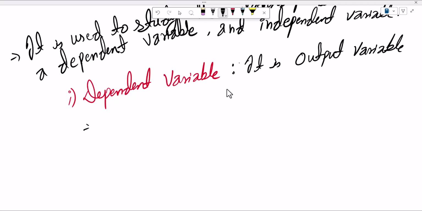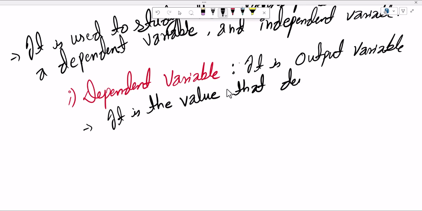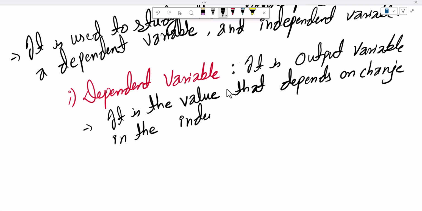To explain it in an easy way, it is the value that depends on change in the independent variable.